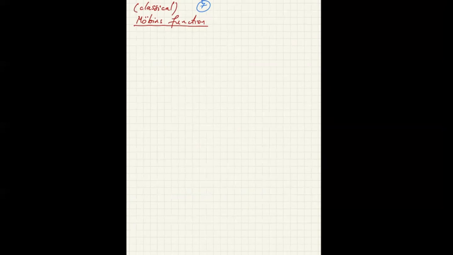Okay, so how is this one defined? This is also a function defined on natural numbers. It's denoted by mu, with values in the integers, and is defined as follows. Mu of n equals 1 if n is 1, 0 if n is divisible by the square of any prime, that is, if p squared divides n for some prime p.